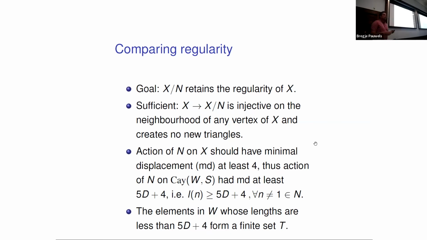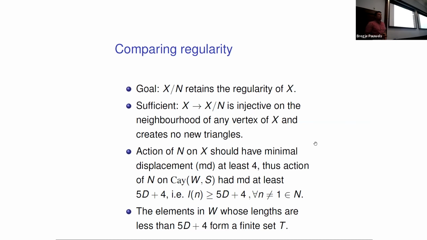The moment it is at least 4 away, you will not create new triangles. If it's 3, and I put these together, I will have created a triangle. But the moment everything is at least 4, that doesn't happen. So I want at least 4 in the action on X. By quasi-isometry, that means that I just need at least 5D plus 4 in the other action.